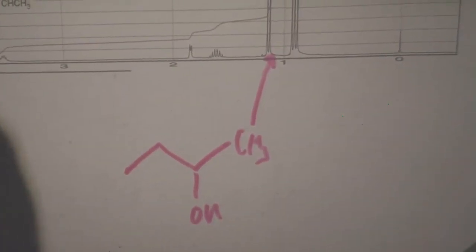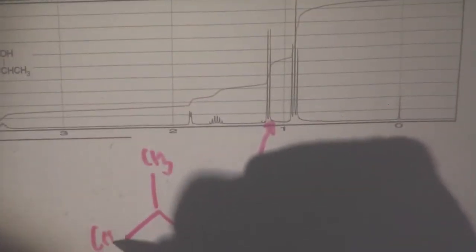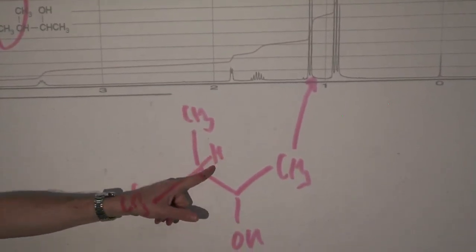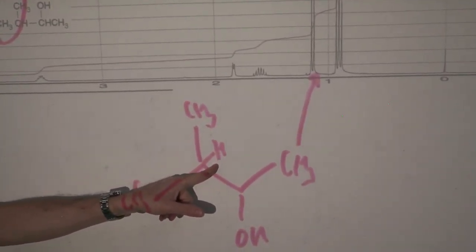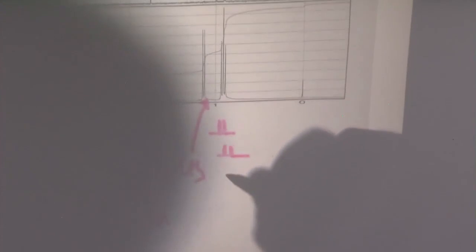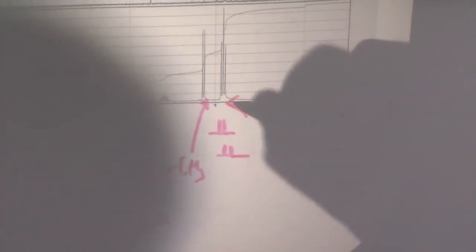Now we have 2 more methyl groups in the molecule, and each of those methyl groups is next to a hydrogen. Each of those methyl groups appears as a doublet, but the doublets are very close. In other words, we have a doublet and we have another doublet, and so it looks like a triplet.